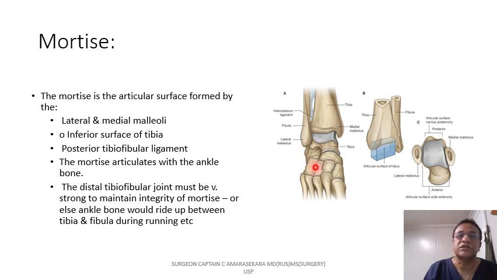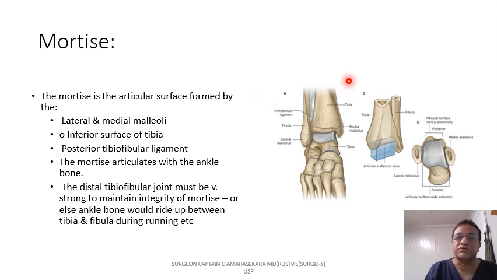So these structures straddle the talus, forming the ankle joint. This talus moves smoothly in between these structures. So this is what we call the ankle mortise. The posterior tibiofibular ligament completes this structure, because this posterior tibiofibular ligament should be very strong to hold the integrity of the mortise.